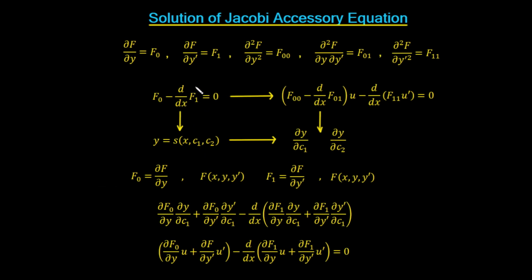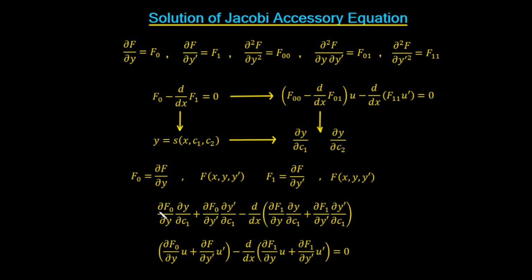Equivalently, the value f1 is given by partial f by partial y derivative, and again our function f is the functional which is dependent on x, y and y derivative, and again the y and the y derivative are going to be dependent on the value of c1. So again we'll use the chain rule. So we're going to work through this using the chain rule.